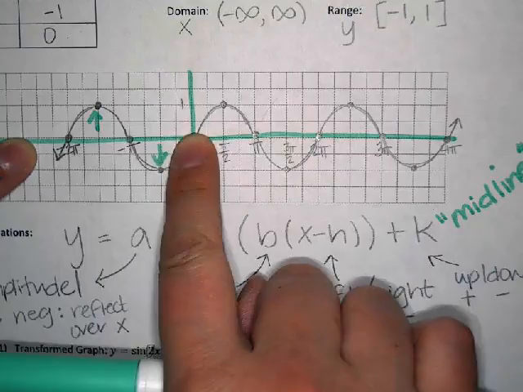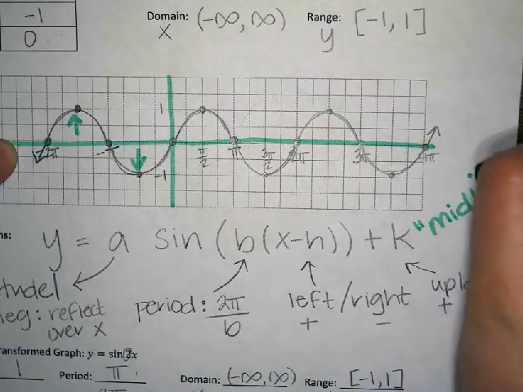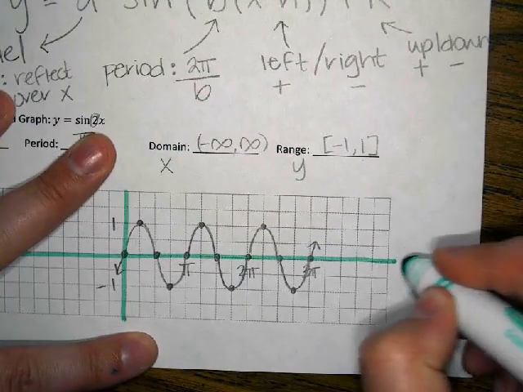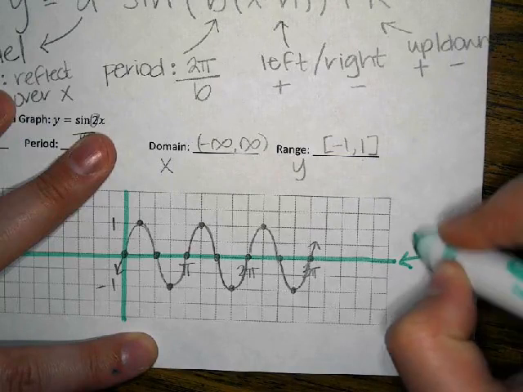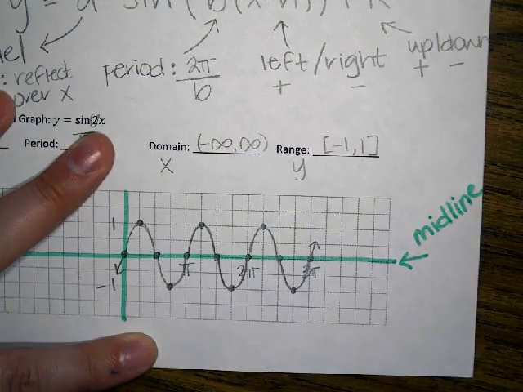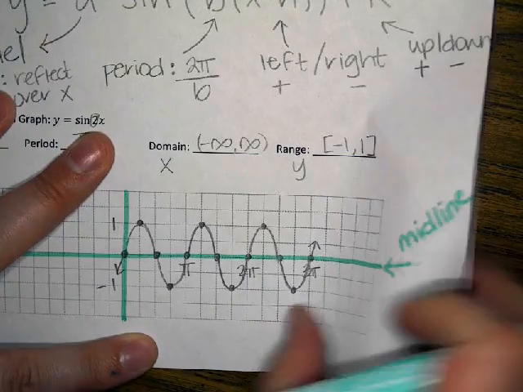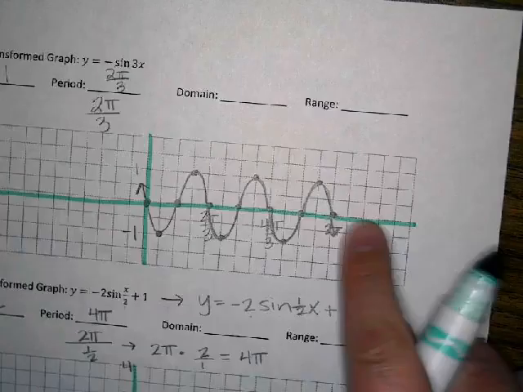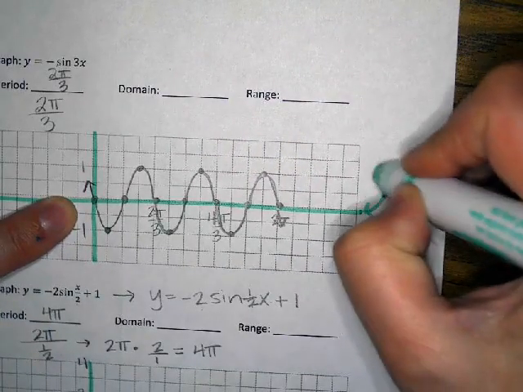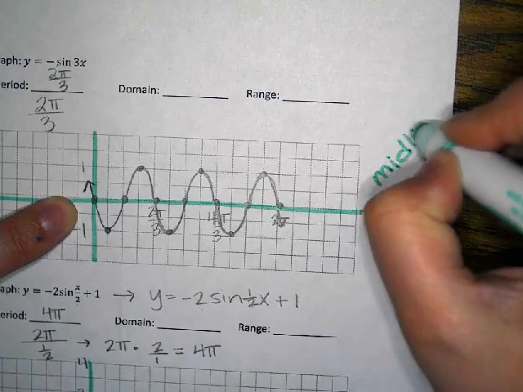On this one, the x-axis was the midline. On this one, the x-axis was the midline. And now for the first time, we're going to have a midline that is different than the x-axis.